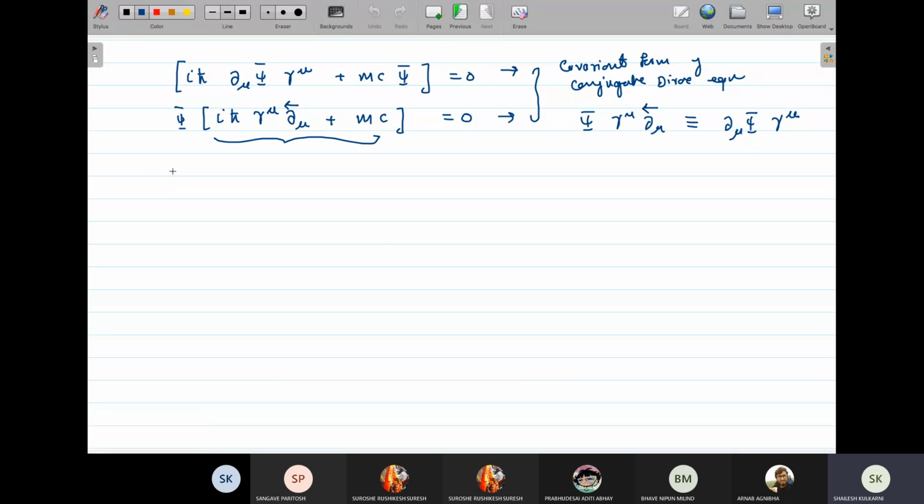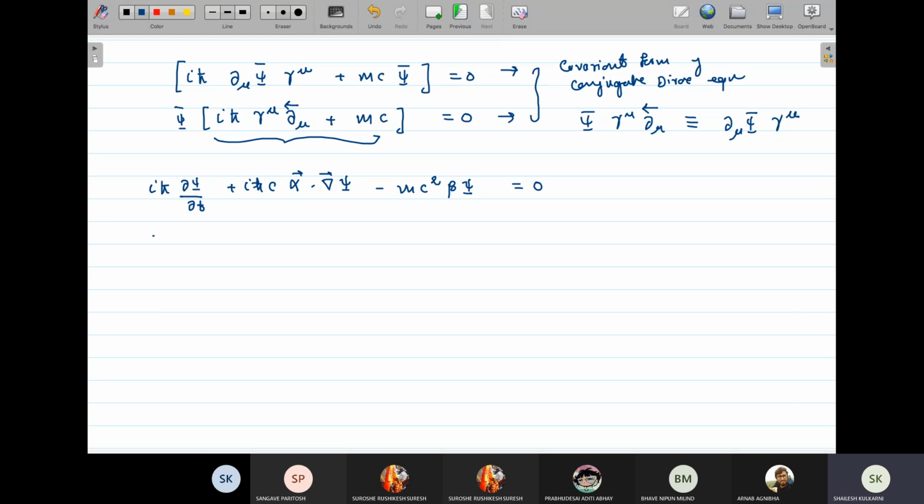First I will write the Dirac equation again: iħ ∂ψ/∂t plus iħc α·∇ψ minus mc² βψ equal to 0.